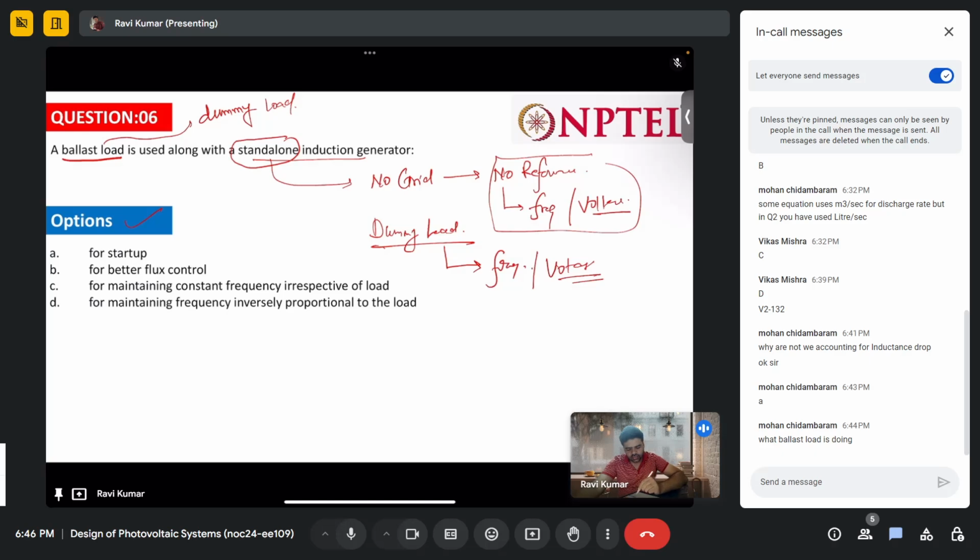For startup, no. For better flux control, no. To maintain frequency, yes, it may be. There is no relation here, irrespective of the load. Whatever load we are connecting, it keeps the frequency constant. That is the rule.